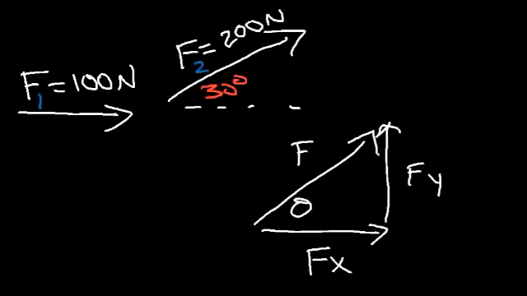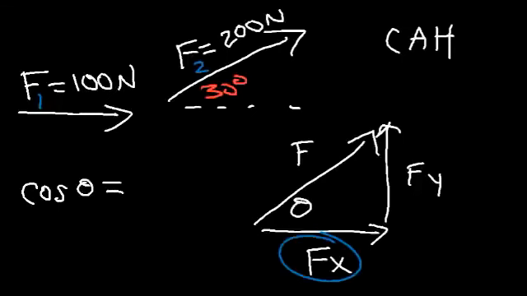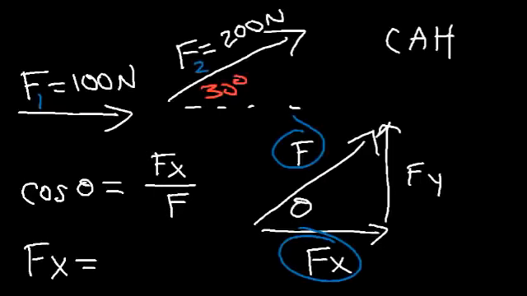Now cosine theta, this is the CAH part of SOHCAHTOA. Cosine theta is equal to the adjacent part divided by the hypotenuse. So that's Fx divided by F. Now, if you multiply both sides of the equation by F, you'll see that Fx is equal to F cosine theta.